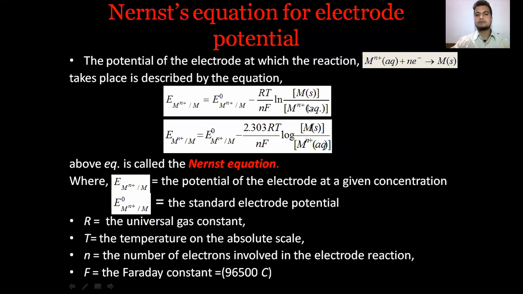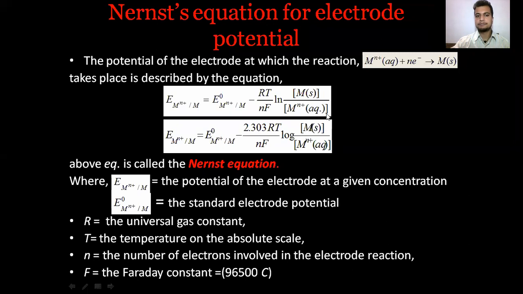So this is your Nernst equation. E of Mn+/M, the electrode potential of this particular electrode reaction, will be equal to E naught, which is the standard electrode potential that we get from the electrochemical series, minus RT by nF ln [M]/[Mn+]. So basically it is product by that of reactant, and enclosed in square brackets it means molar concentration, molarity.